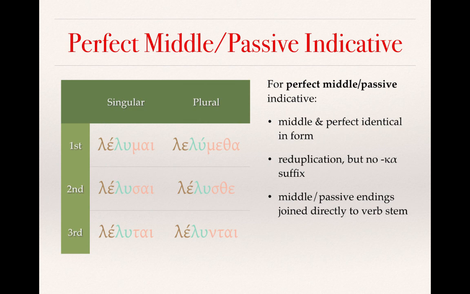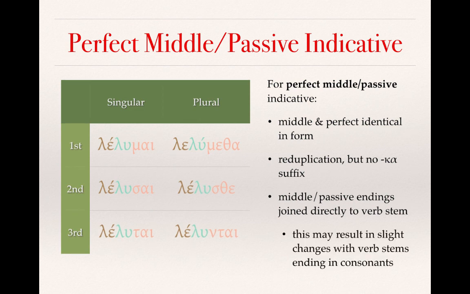There is no variable vowel or connecting vowel. And so as a result of adding the endings right onto the verb stem, there may be some slight changes with the final form of the perfect middle passive indicative. But generally, those consonant changes won't slip you up as you are reading Greek and interpreting Greek.